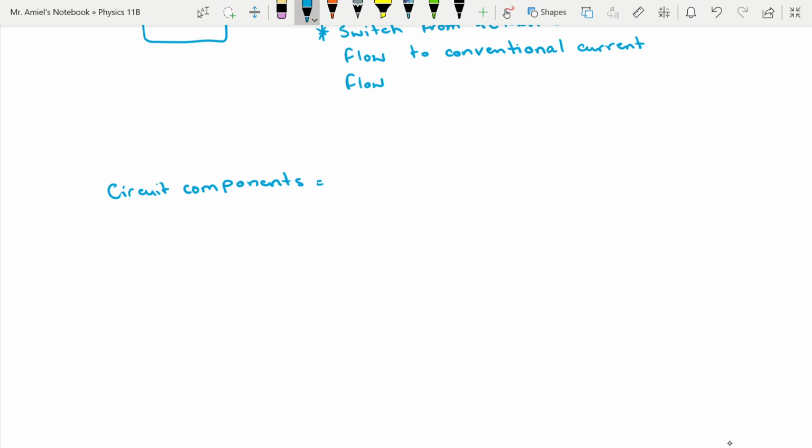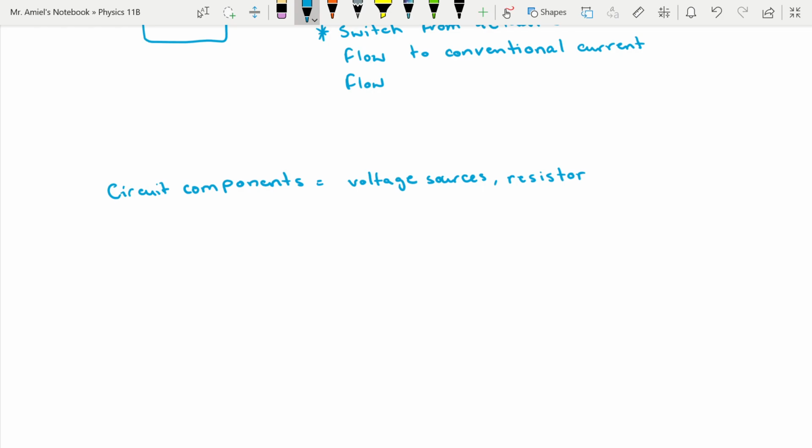Here we're talking about things like voltage sources, such as batteries, the ones we're most familiar with, and resistors. And again, a resistor is anything that's going to decrease the flow of charge. So we could be talking about light bulbs here, we could be talking about actual resistors.